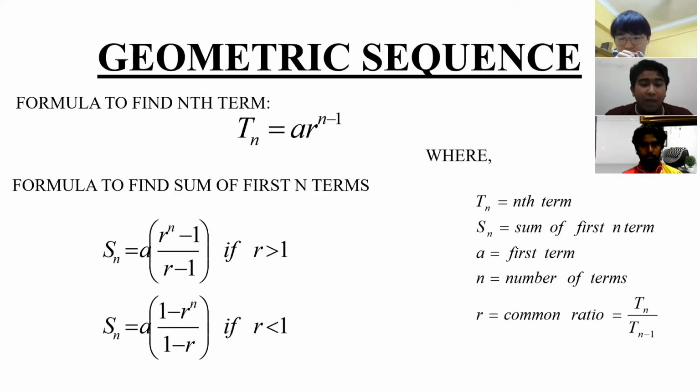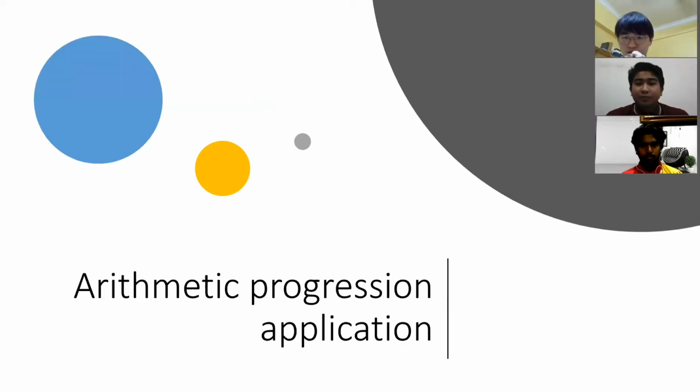But if our r is less than 1, our formula will be Sn equals a multiplied by 1 minus r to the power of n, divided by 1 minus r. Thank you.